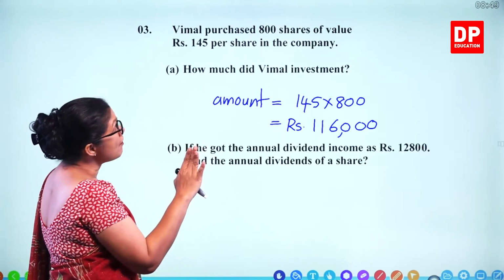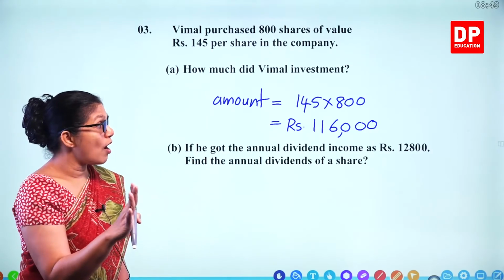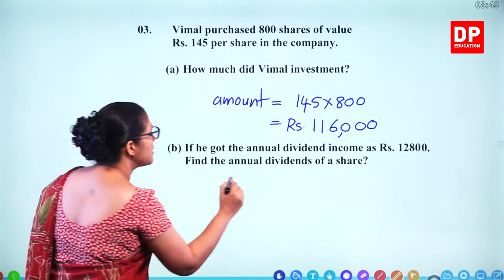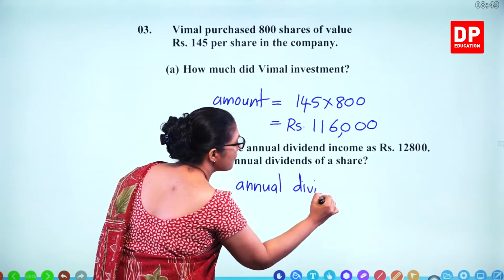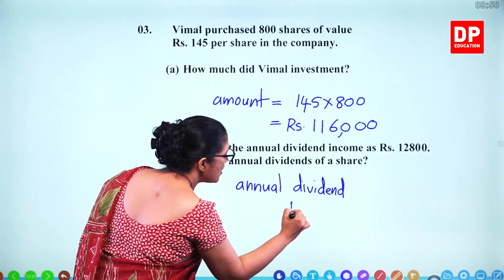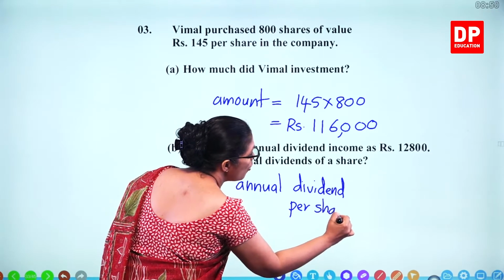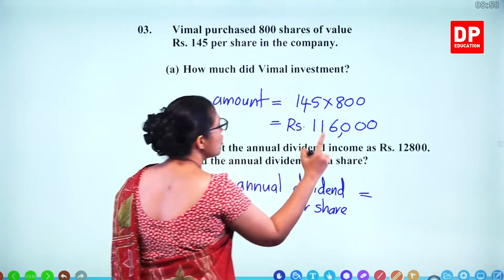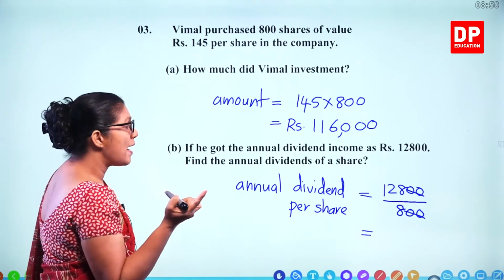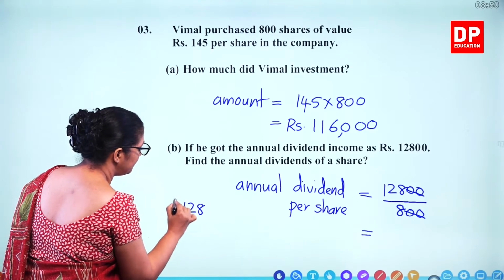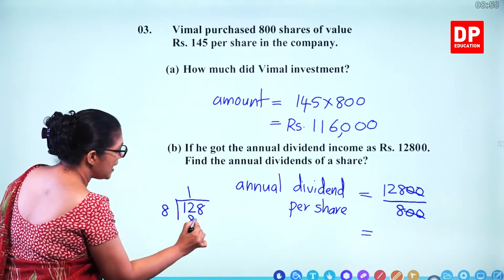If he got the annual dividend income as 12,800, find the annual dividend of a share. So altogether 800 shares. The total amount he got is 12,800. So what is the annual dividend per share? Per share, you have to divide the amount by number of shares. So 12,800 divided by 800. You get here 2 zeros get cancelled out. 128 divided by 8. 8 times 1, 8. 4 remaining.